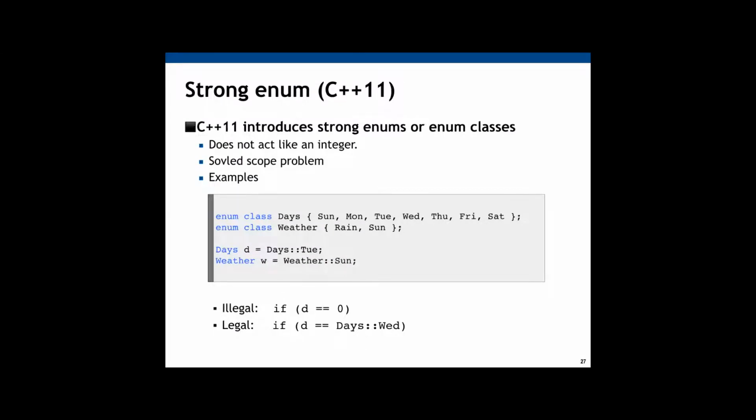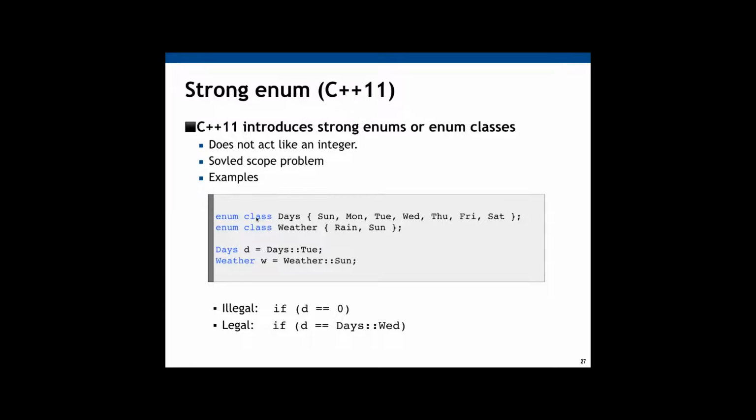Okay, from C++11, strong enum is introduced to avoid problems with conventional enums. To declare a strong enum, all you need to do is specify the class keyword here, like this one.